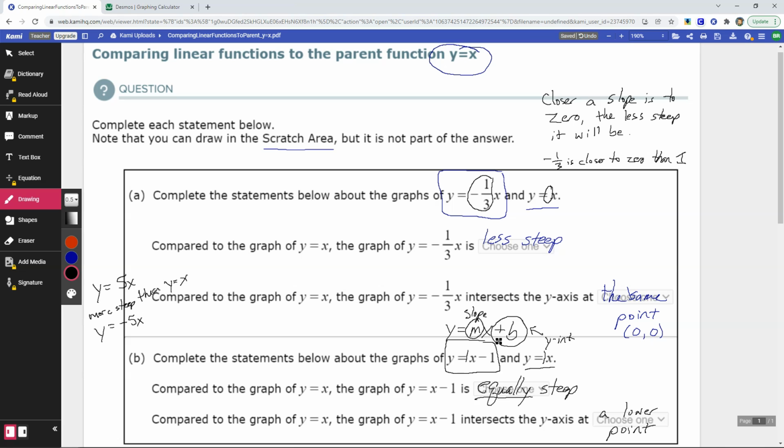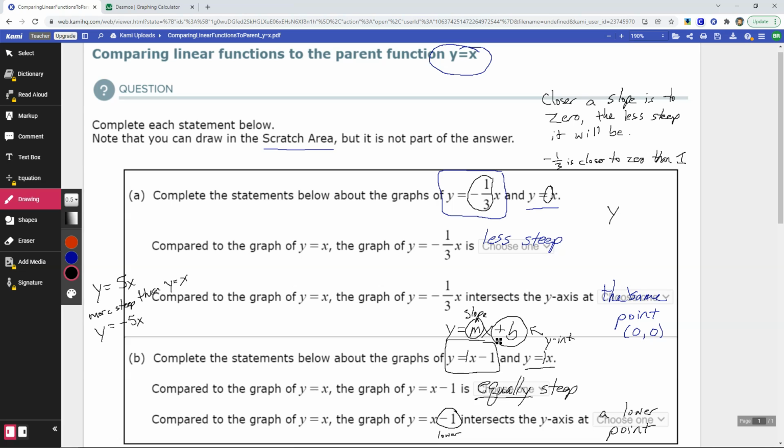Okay? Likewise, when we're talking about where it crosses the y-axis, if this is a negative number, it's going to be lower. It's going to cross the y-axis at a lower point. If it's a positive number greater than 0, it will cross the y-axis at a higher point than y equals x.